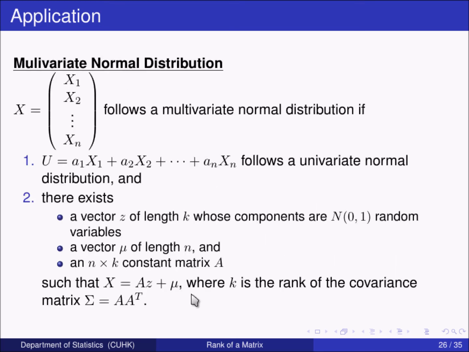Another application of the rank of a matrix in statistics is the multivariate normal distribution.